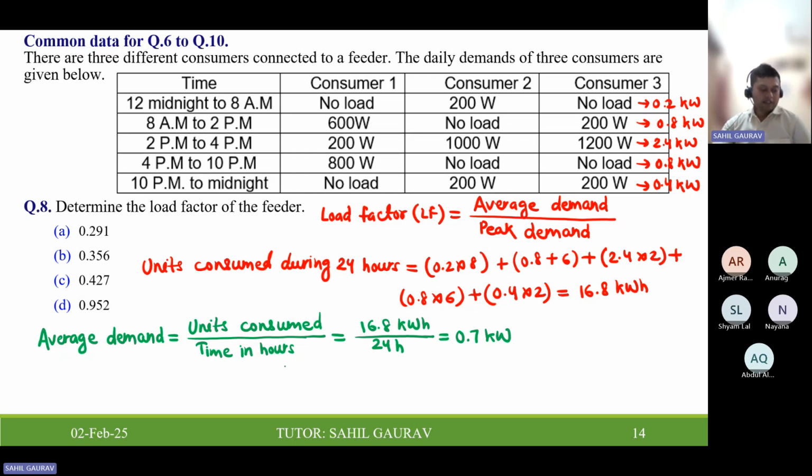Now peak demand. Peak demand is 2.4 kilowatt. That is happening at 2 p.m. to 4 p.m. So therefore, we can easily find load factor. Load factor is 0.7 kilowatt upon peak demand. Peak demand is 2.4 kilowatt.